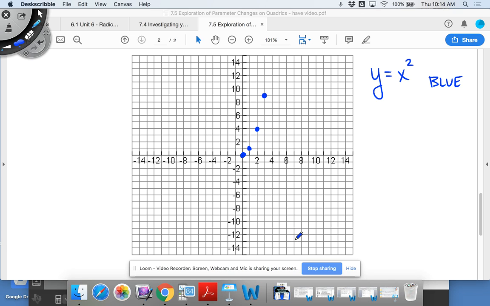So we're on the back. Then I know it mirrors on the other side. So that is the parent function.